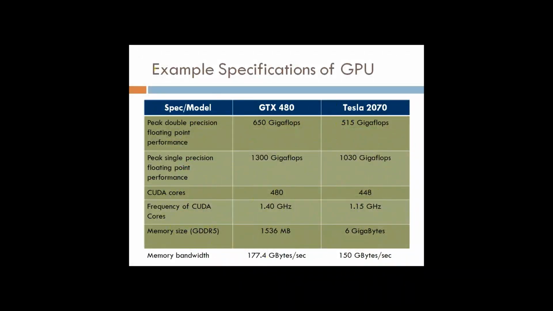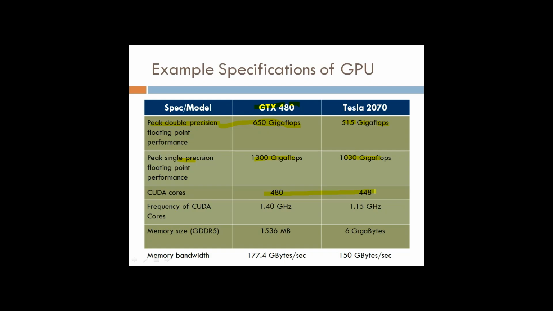For example, some specifications of GPUs like the GTX 480: it has peak double precision floating point performance of 650 gigaflops, and for Tesla it is 515 gigaflops. Then peak single precision performance for GTX 480 is 1300 gigaflops, and for Tesla as well.